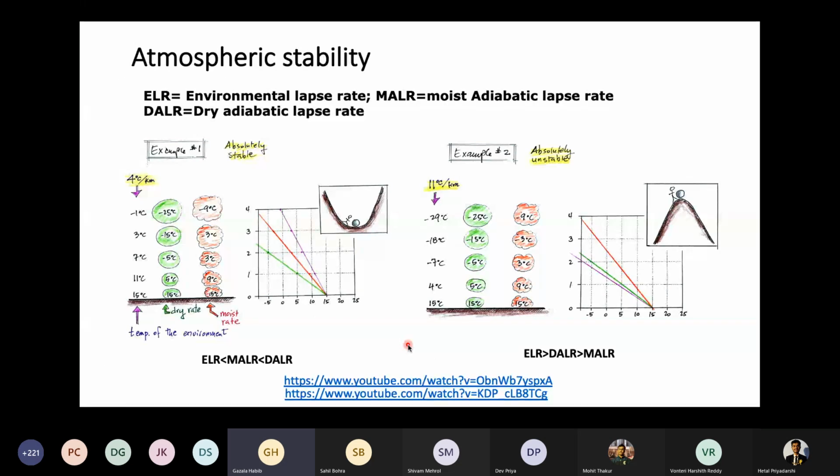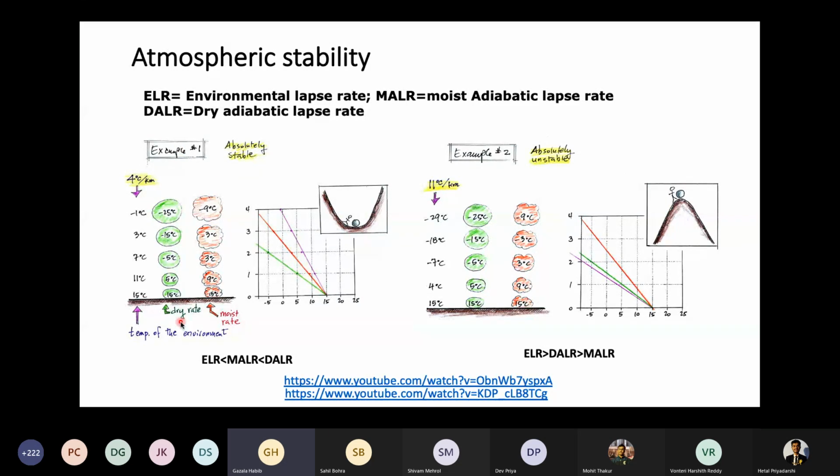Okay, so then stability class. I already almost explained what the stability class is: neutral, stable, and unstable. The first picture is showing the absolutely stable class.